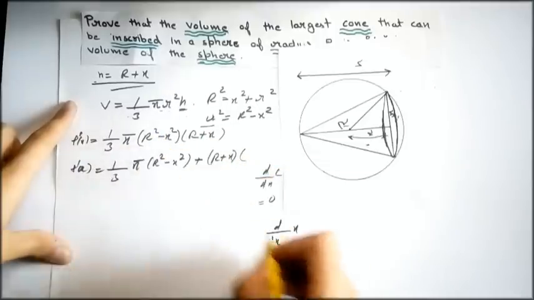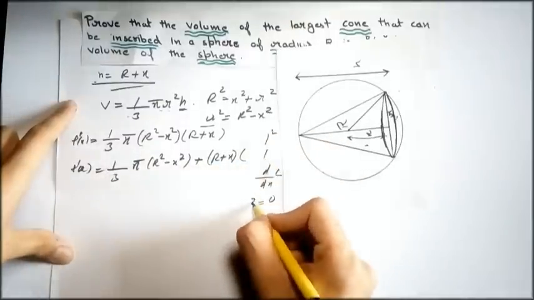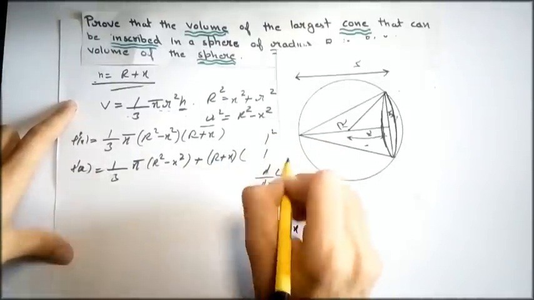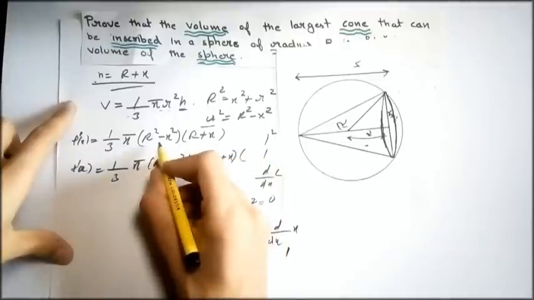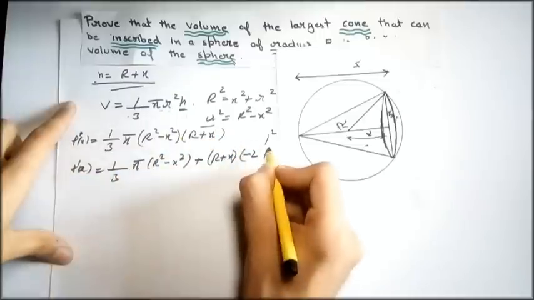R square is also a constant, because whether R is 1, 2 or anything, R square is a constant, so that is 0, minus 2x.